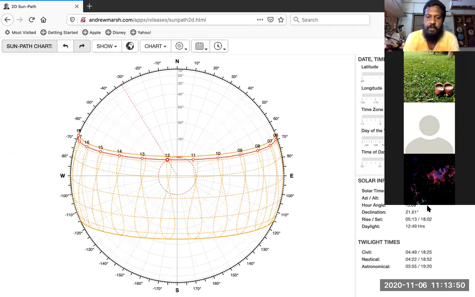Otherwise, if you want a positive reading, all you have to do is 360 minus 31.45, which gives you the positive angle, somewhere around 330, 329. And what is the altitude angle? Altitude angle is the height at which the sun is going to cast this shadow down, going to beam down. That is 79.83.